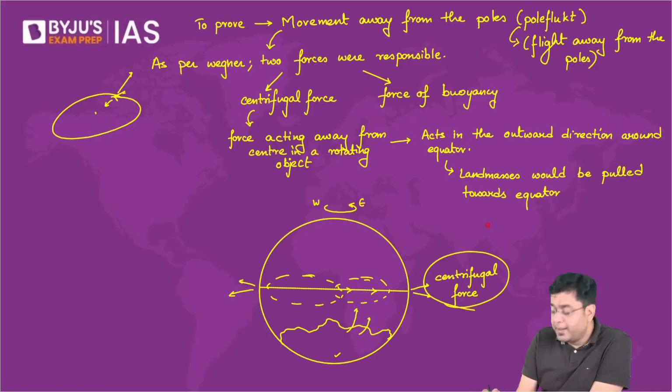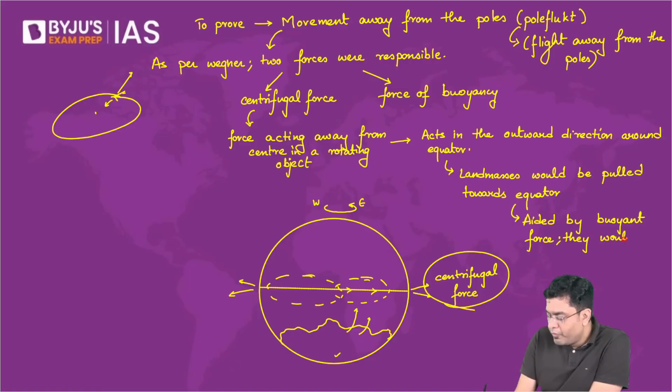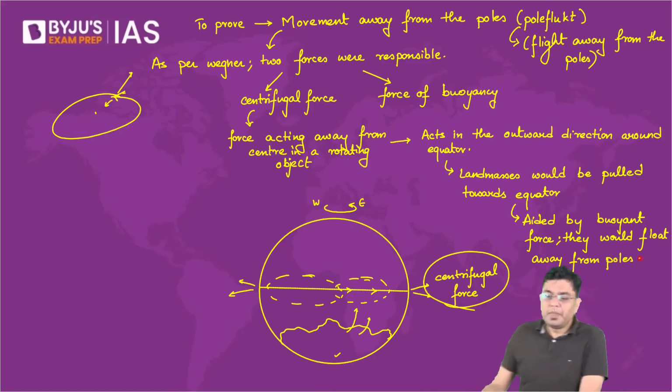How and why? Aided by the force of buoyancy, or the buoyant force, they would float away from the poles.